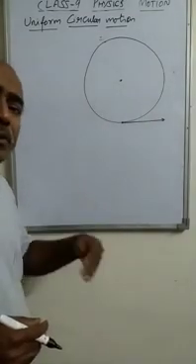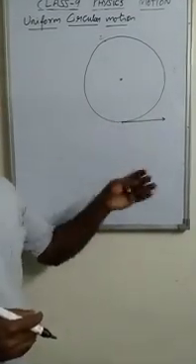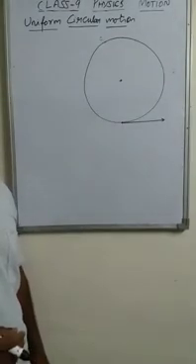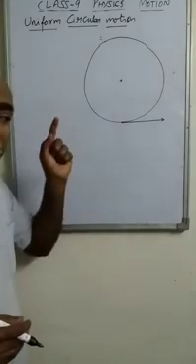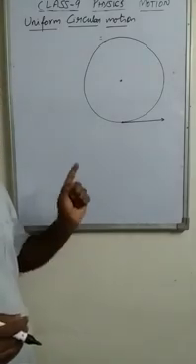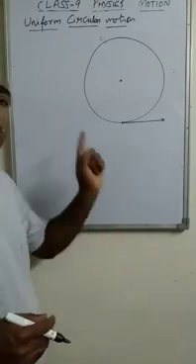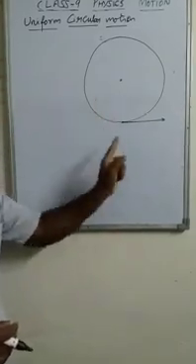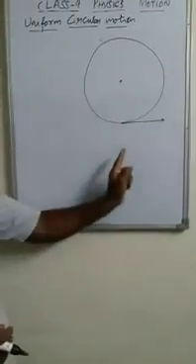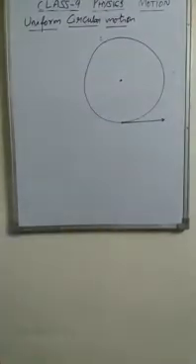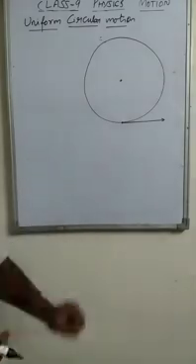So continuously the direction changes at every instant. So in an object, while it is moving, if the direction of motion continuously changes at every instant, then definitely it comes in the circular path.